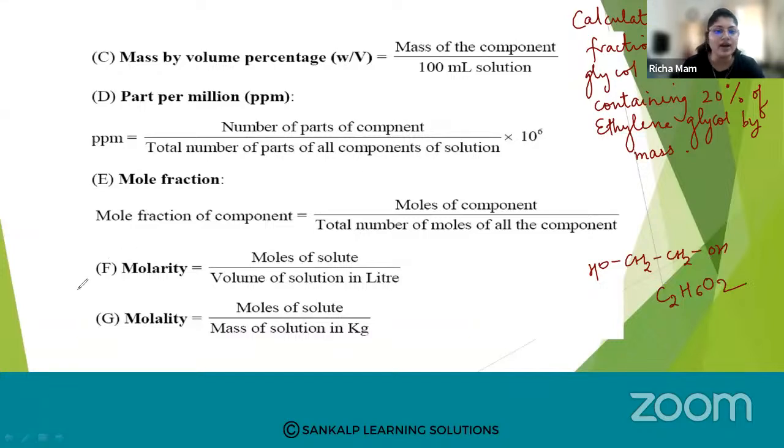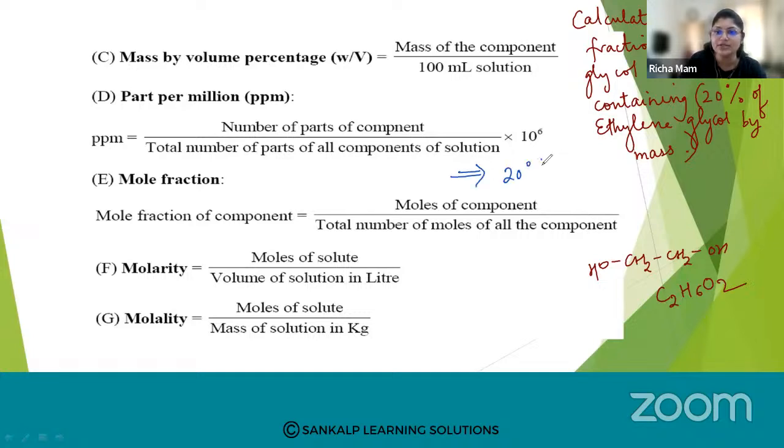Now what have they asked? They have asked to calculate the mole fraction of ethylene glycol in a solution which contains 20% of ethylene glycol by mass. We have seen this in the previous session, how to write the sentence.